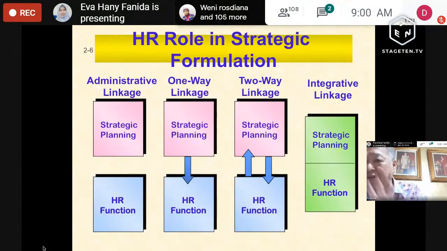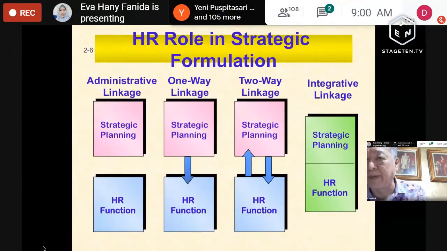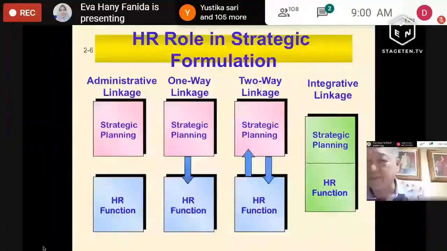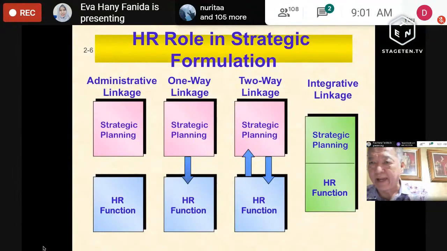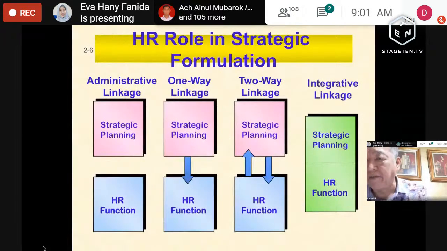There are 4 kinds of linkage between strategic planning and HR functions. If you look at our country, in Indonesia or in Thailand, there are so many companies, many organizations. Different organizations have different strategy, different style.